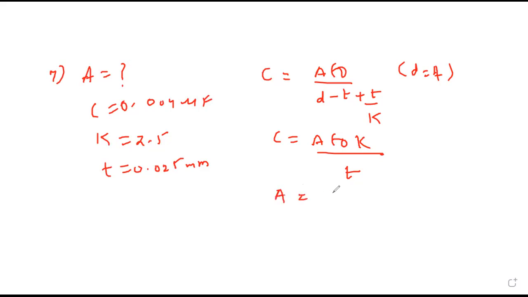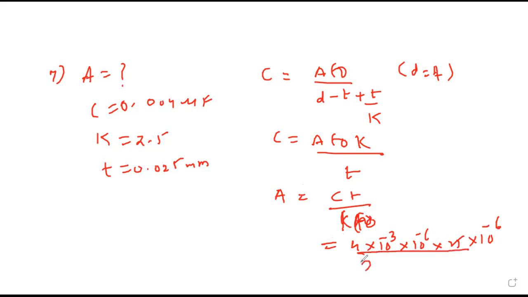A equals C t upon K epsilon naught. That is 4 into 10 raised to minus 3 into 10 raised to minus 6, thickness 25 into 10 raised to minus 6, K is 2.5, and 8.85 into 10 raised to minus 12.